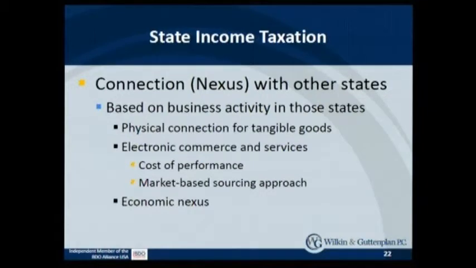And New York is a state that looks to say where's the customer. So in our office, which is based in New Jersey, we have many New York clients. We do most of the work in New Jersey, so New Jersey wants most of our income taxed to New Jersey. Most of our customers are in New York, so New York wants most of our income too. So in the case of our firm, we're going to pay about 150% of our income to the two different states.